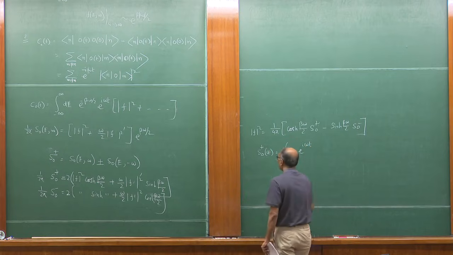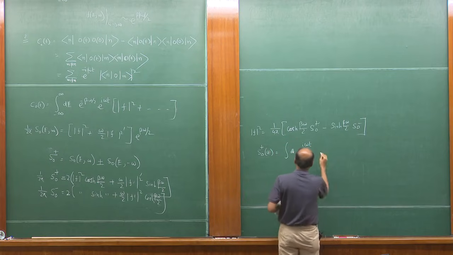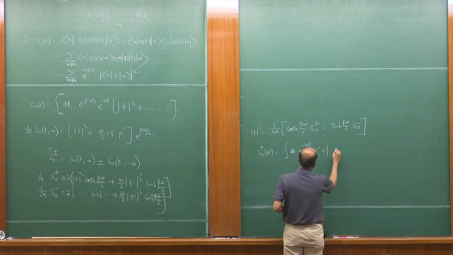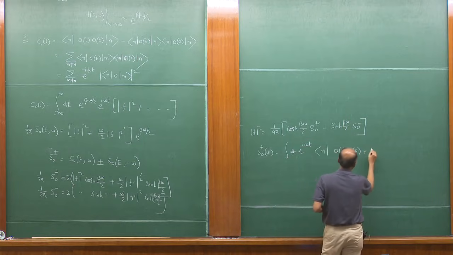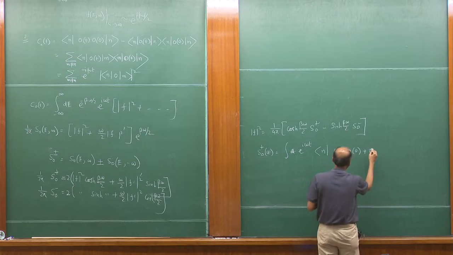So I have to take a Fourier transform. But this thing would be OT O0 plus O0 OT.